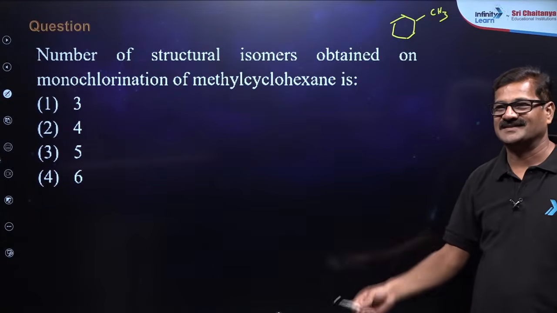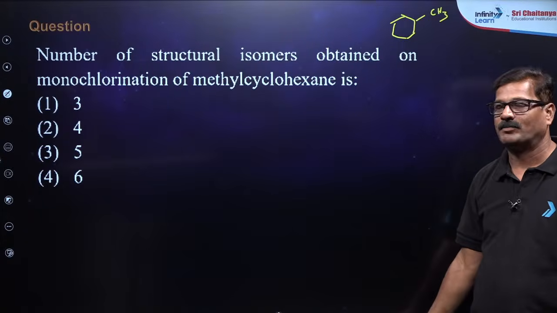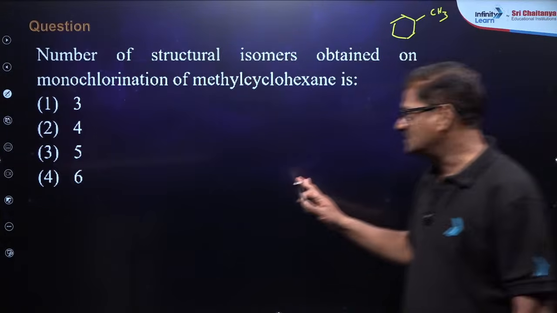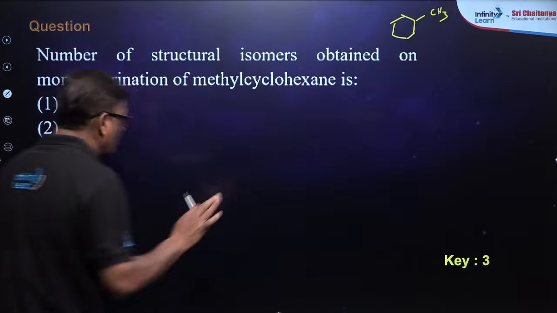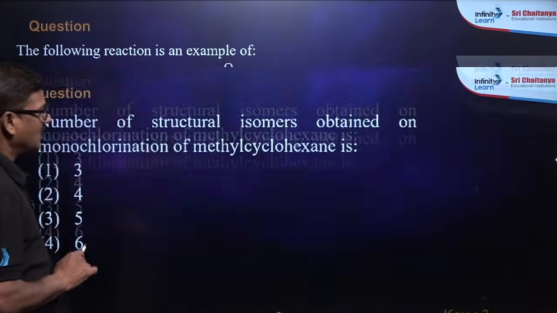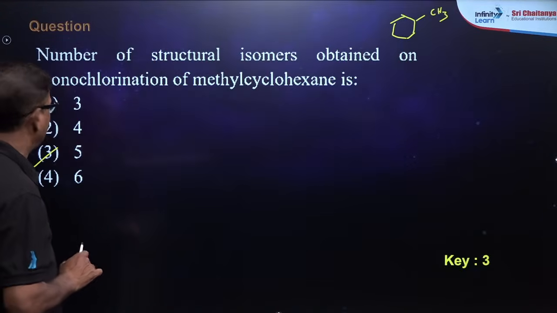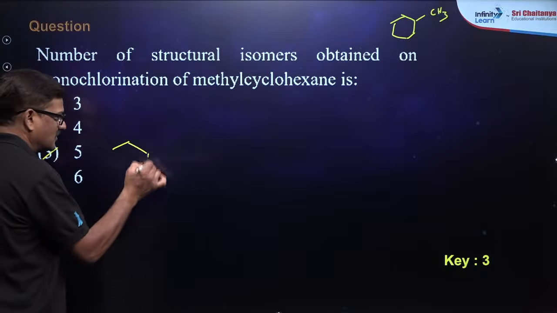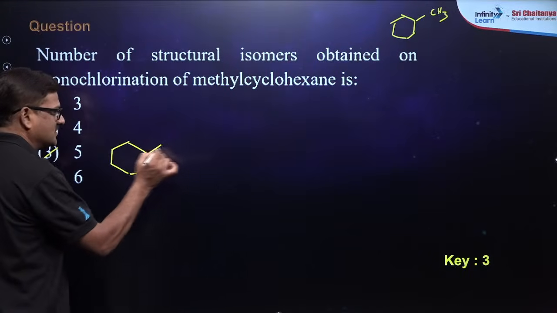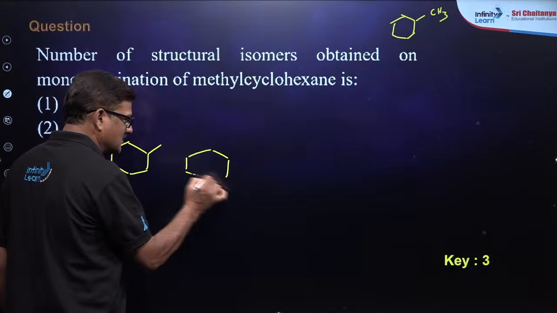Now this methyl cyclohexane is going to give 5 products. I just want to show you how it can be. First, methyl cyclohexane, I want to write it like this.